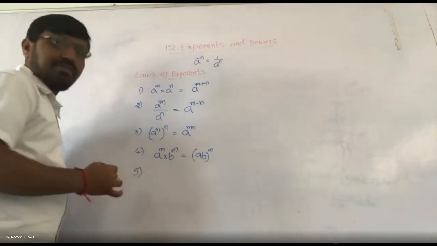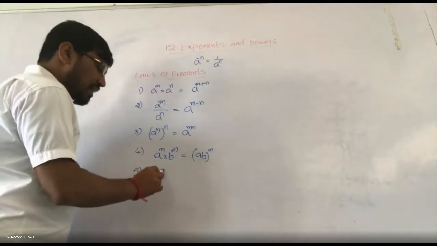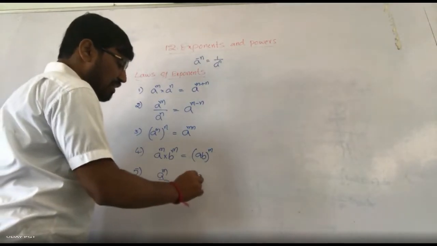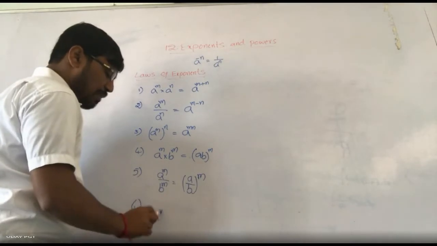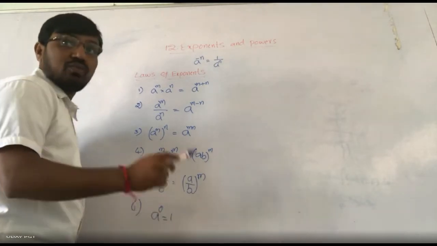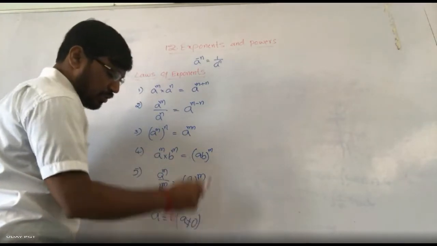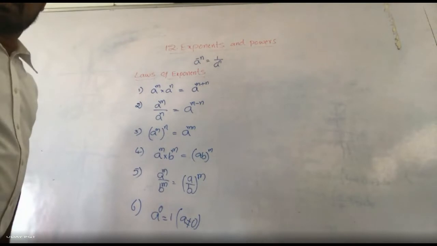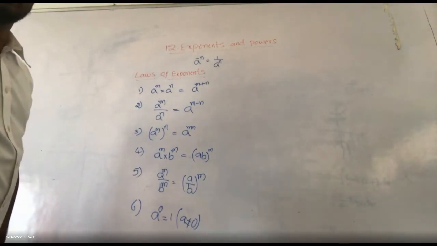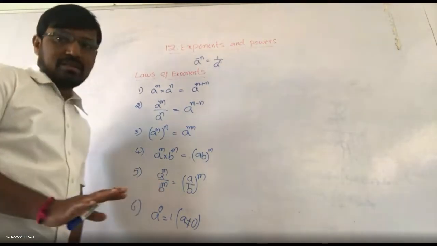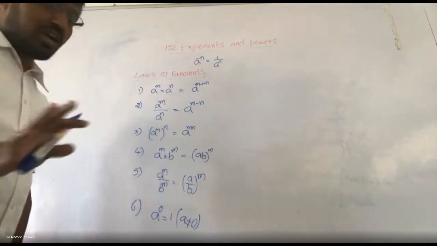Next, a power m divided by b power m, whenever you are taking, we can write it as a by b whole power m. The last one is a power 0 value equals 1, but the condition is that a is not equal to 0. 0 power 0 value is not 1.